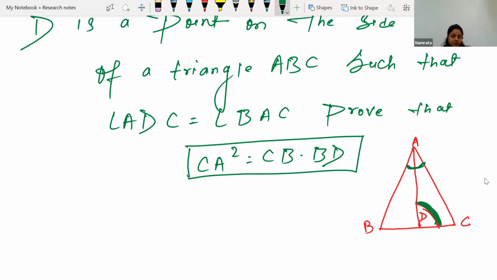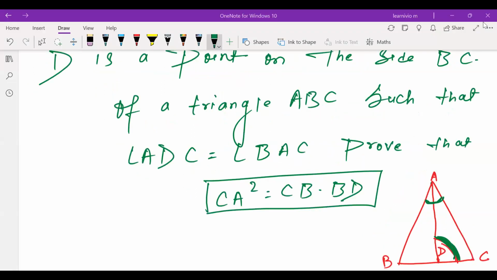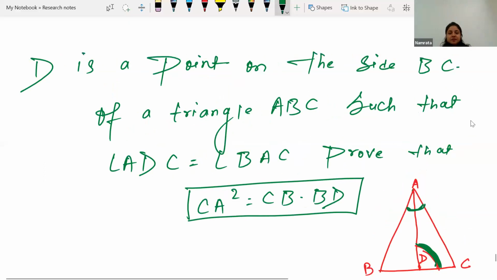Any idea how to do so? Yes, Jasleen, Samina, Kiran, any idea?